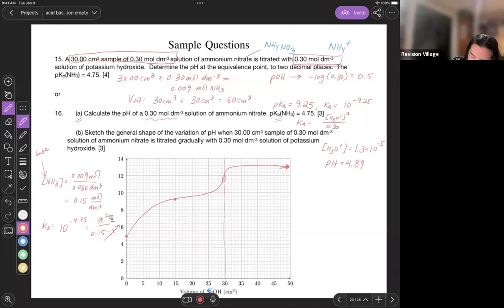I then solve to figure out that the concentration of hydroxide is equal to 0.00163, or the pOH is 2.79, and the pH is 11.21.